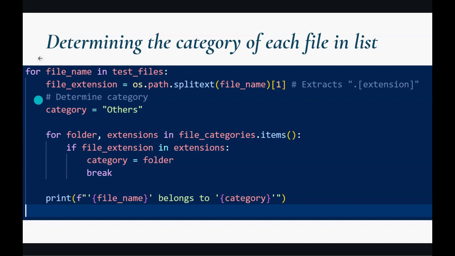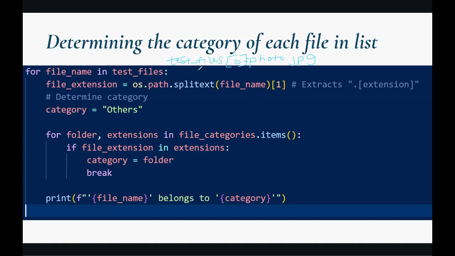So to trace this loop, let's start from the beginning of our test files list, which our first test file is photo.jpg. So photo.jpg is at index 0 of our test files list.